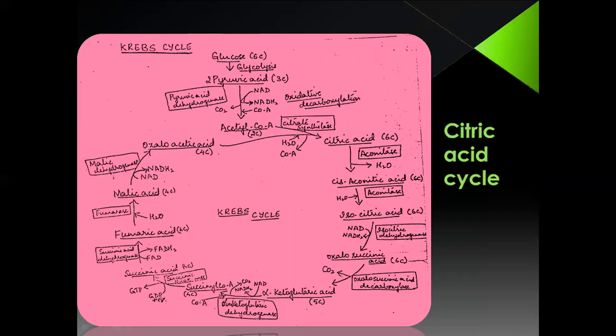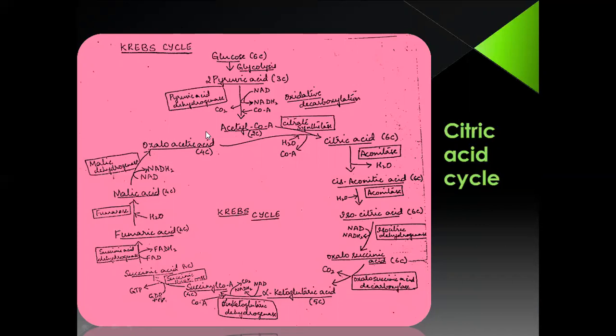This acetyl coenzyme A, which gains entry into the mitochondria, actually transfers its acetyl 2-carbon group to the oxaloacetic acid. What the acetyl coenzyme does, once it enters the mitochondrial matrix, is transfer its acetyl group to the oxaloacetic acid, which is already present in the mitochondria.